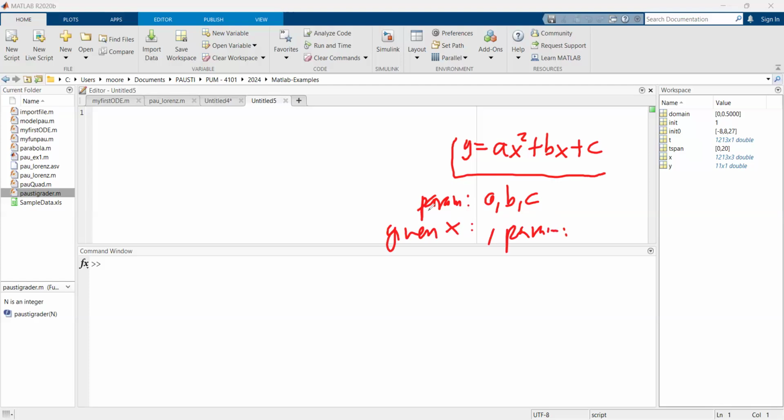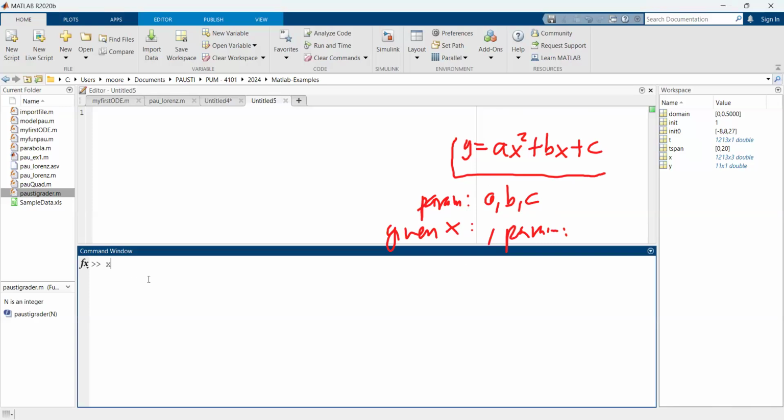So in such a case, of course, you can decide to just write this on your command line. By that, I mean you come here and then you write some x. X is equal to, let me say, minus 10, interval 0.1 to 10, right? I create a vector, and then I can initiate some coefficients.